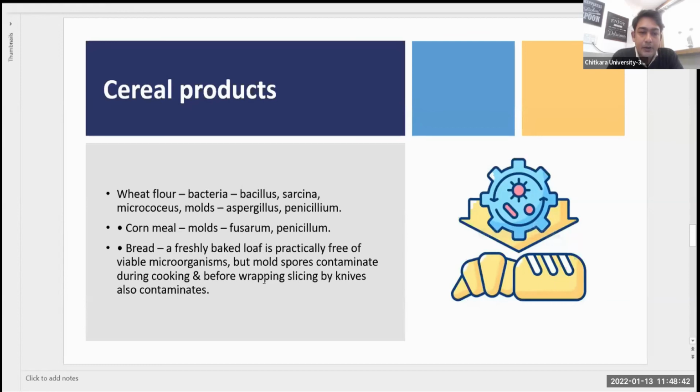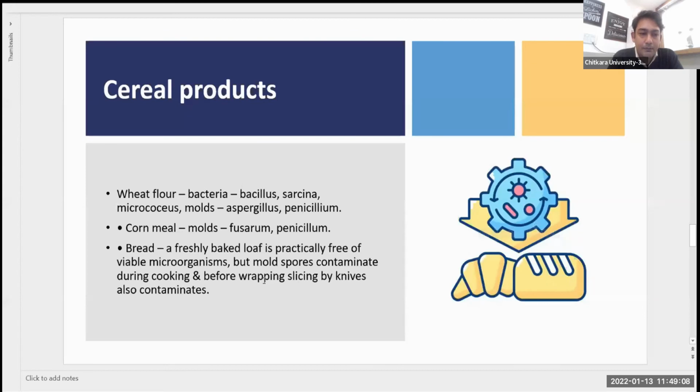Breads: a freshly baked loaf is practically free of viable microorganisms, but mold spores contaminate during cooling and before wrapping, and slicing by knives can also contaminate. That means that bread, when it is coming out of the bakery or the oven, is free from any kind of microorganism, but when we allow it to remain in the open atmosphere, it may develop various kinds of molds.